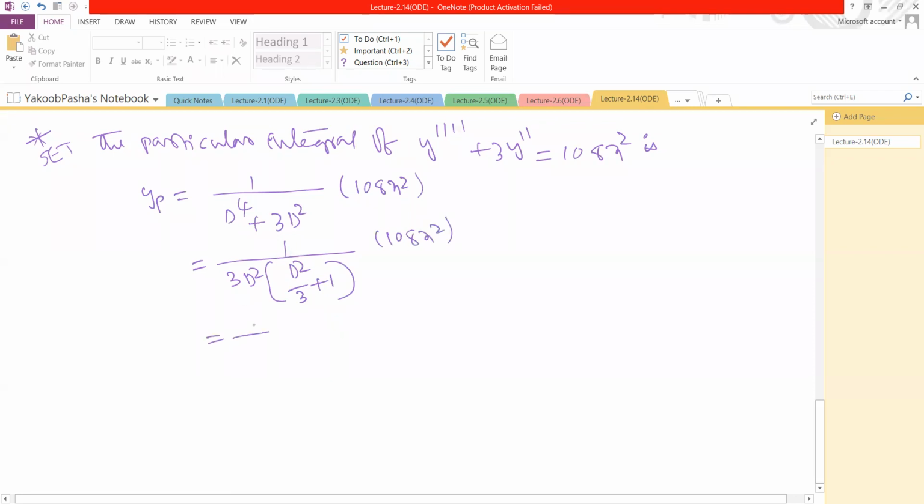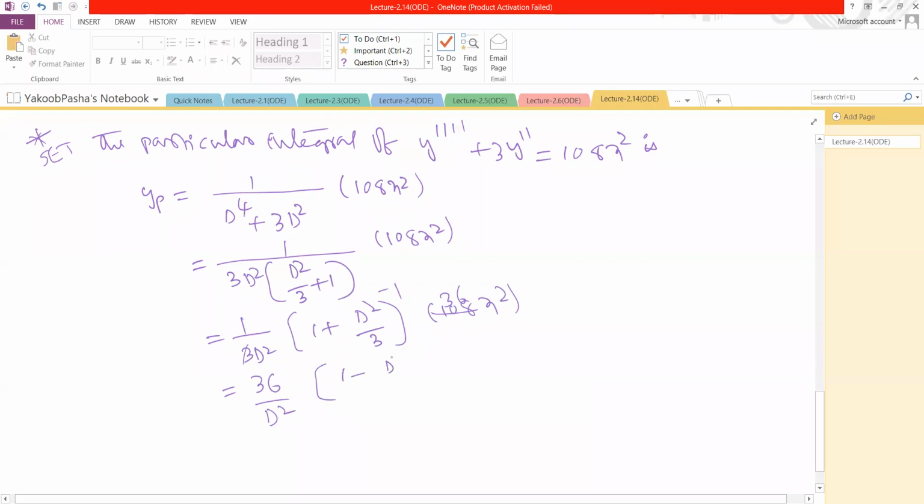We can write this as 1 by 3D square, 1 plus D square by 3 whole to the power of minus 1, 108 x square. The 3 will be cancelled: 108 divided by 3 is 36, so here we have 36 by D square. We can expand by taking the 1 plus x whole power minus 1 formula.